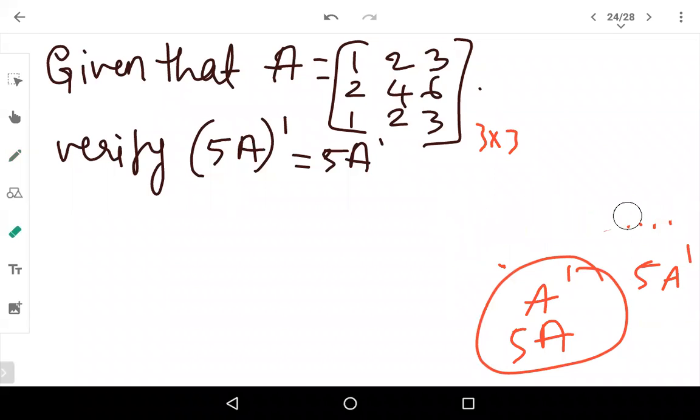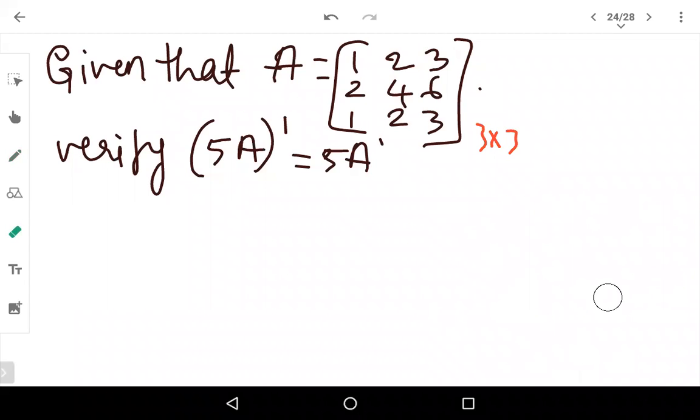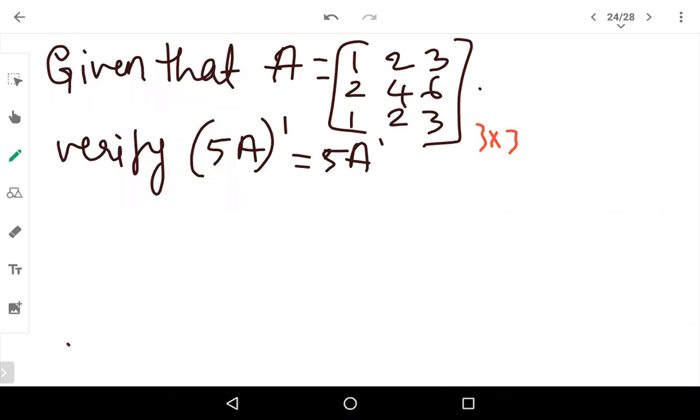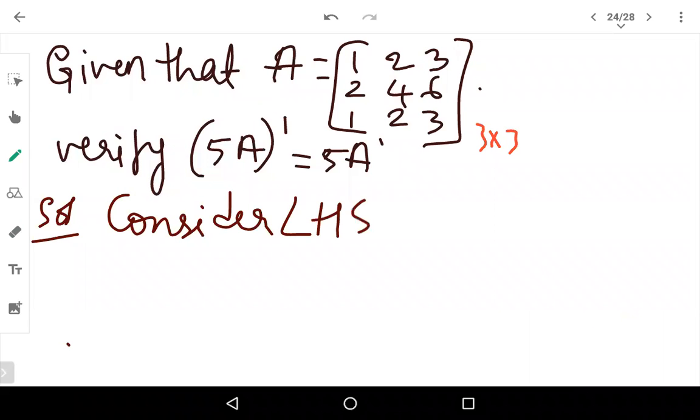Okay, now let us start. Consider LHS. LHS is this: 5A whole transpose is equal to 5A transpose.